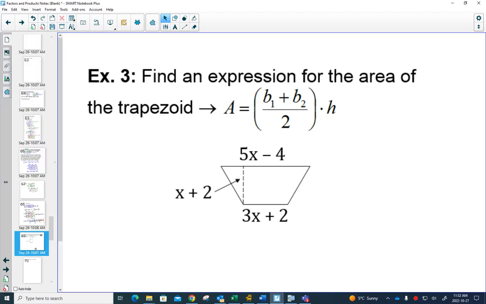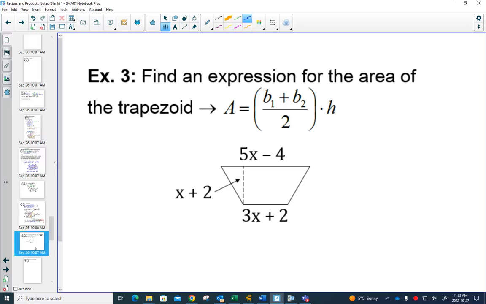So the idea of the area of a trapezoid is that you have two bases that are parallel, and the area is you add up those two bases, divide by 2 to find the average of them, and multiply by the height.